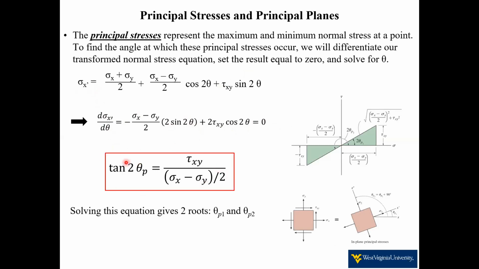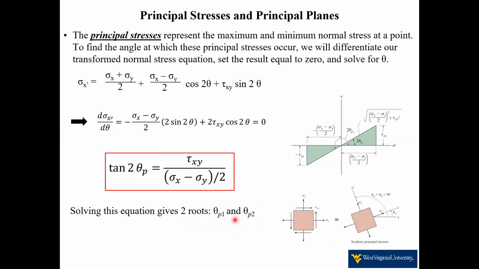This is tangent of 2 theta p, where the p stands for the angle at which the principal stresses occur, so that's theta p, is equal to our tau xy divided by sigma x minus sigma y divided by 2 in the denominator there. If you solve this equation for theta, you get 2 roots, theta p1 and theta p2.